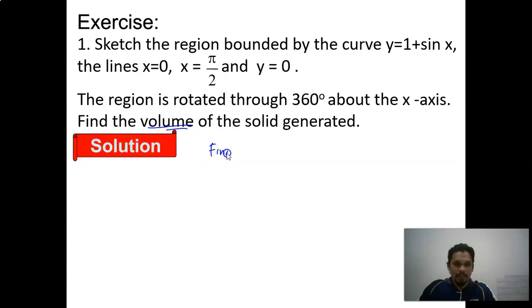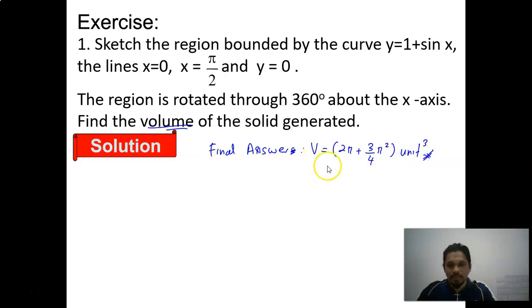The final answer for this: volume equals 2 pi plus 3 over 4 pi squared unit cube. Try by yourself, and hopefully you can make out the recall. It helps you to continue with the rest of your tutorial and past year questions.